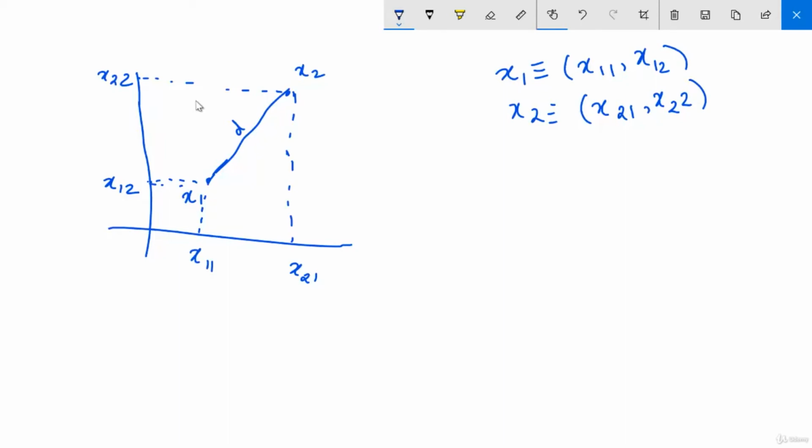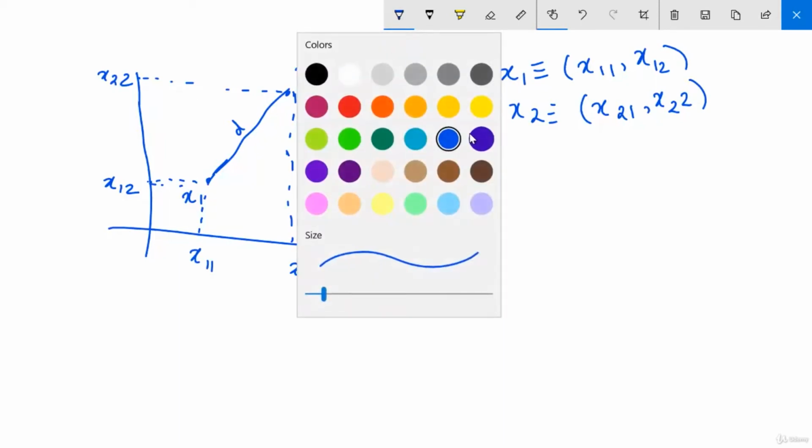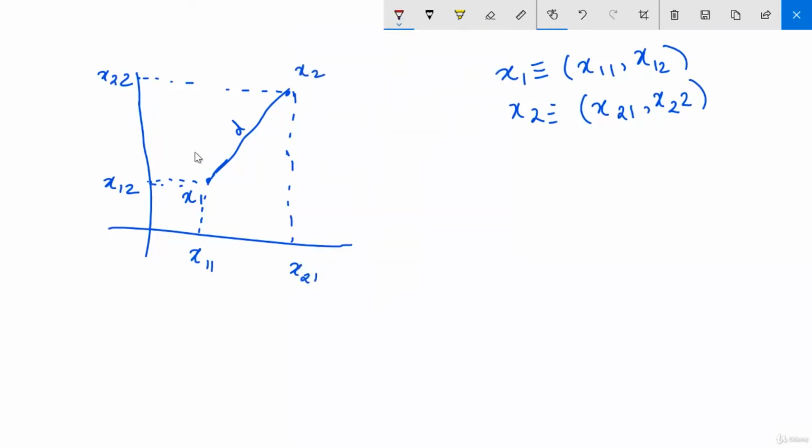Give me a minute. Let's change the color. Okay, so now we want to find the distance d. So how, if you are good with maths and statistics, basically the graphical part, if you have such an equation, how do you do that? You create this, you extend these lines and you create a right angle triangle here, right? You have these distances, you have to find this.